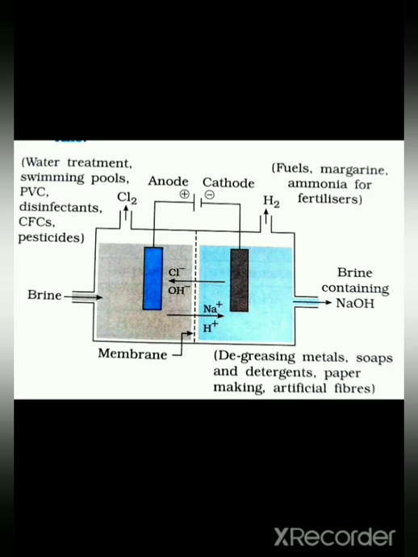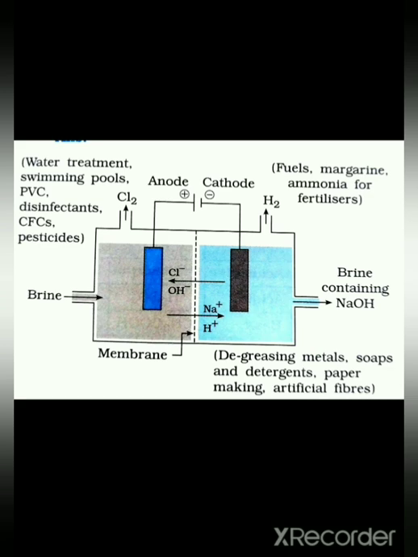Also it is used as a raw material for soap and detergent, in purification of petroleum, for making artificial textile fibers. Sodium hydroxide can be used as a reagent in the laboratory, for making cotton unshrinkable. It is used in the paper industry also. So these are the uses of NaOH.